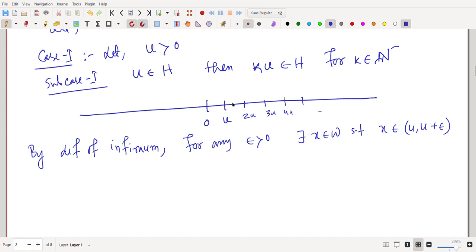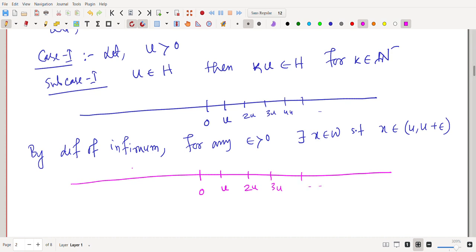So let's draw another picture that will be helpful for you to understand. Here we have 0, we have U here, we have 2U here, we have 3U here, and so on. Now for any epsilon greater than 0, there must be an element x inside, by the definition of infimum.